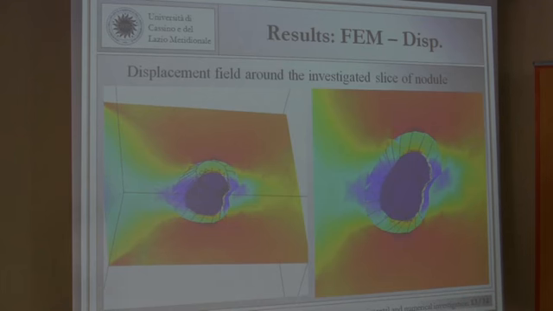We have evidence of this kind of damage. We named this kind of damage onion-like damage, and it is investigated and predicted with this kind of modelization.